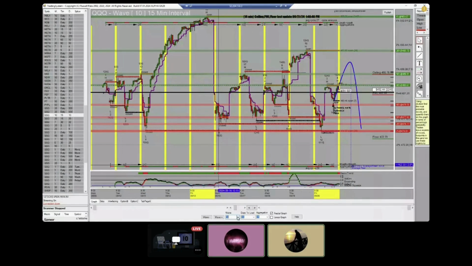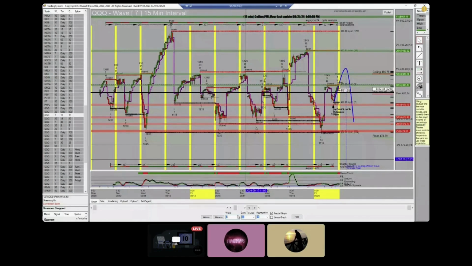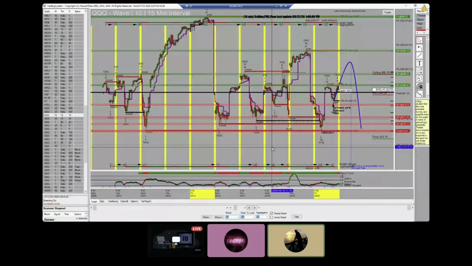Make sense? Yes. Now, the idea of the waves: if you want to work a swing, you would use more waves.